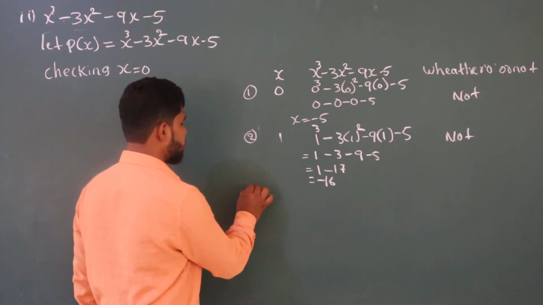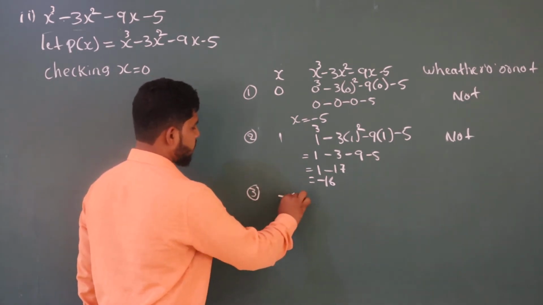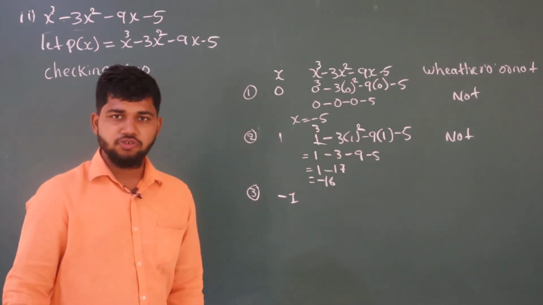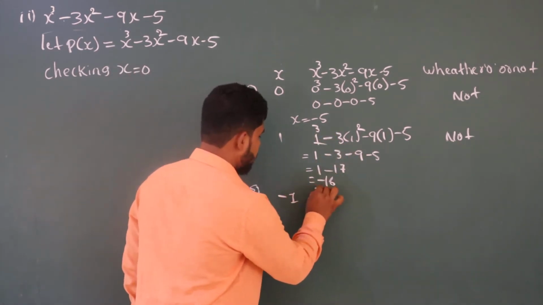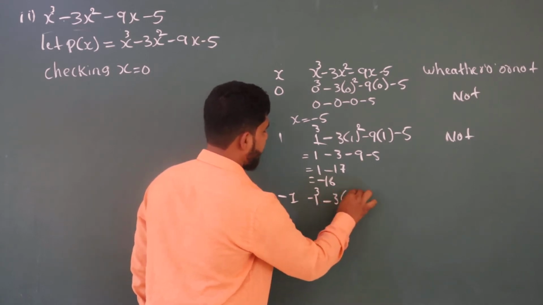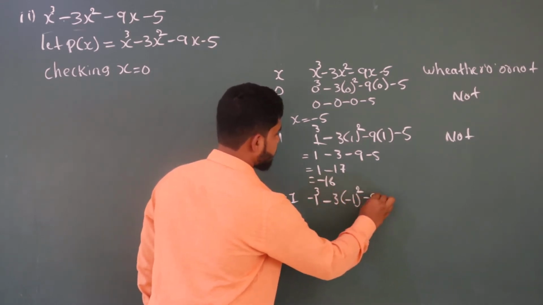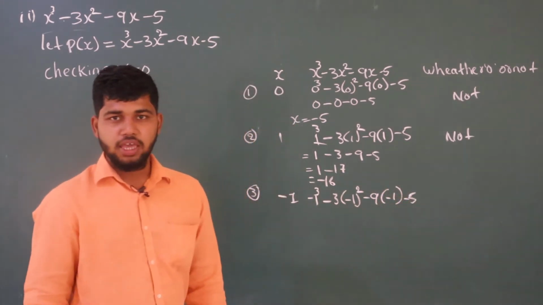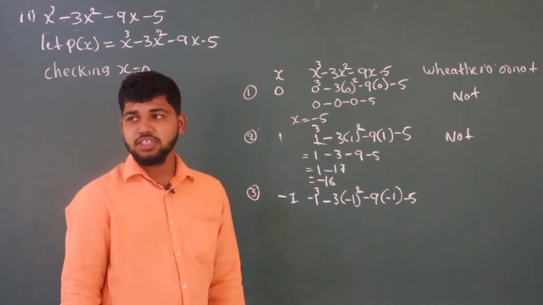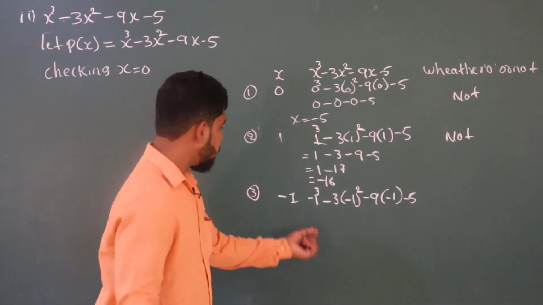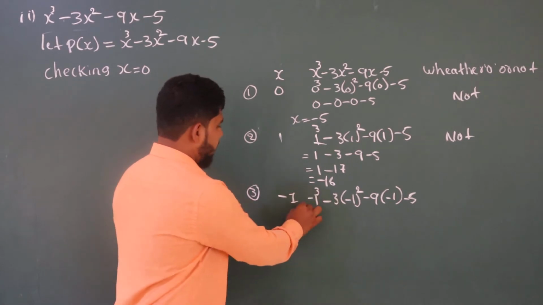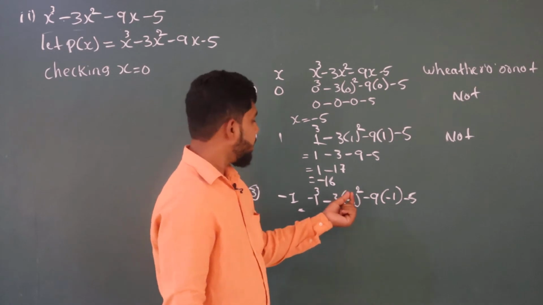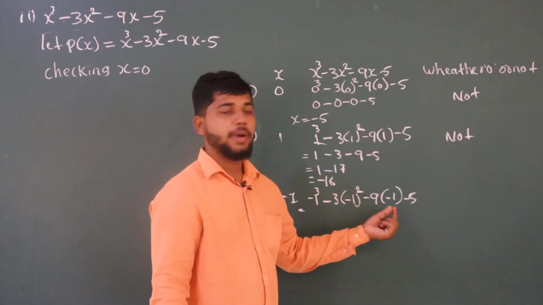Now checking through minus 1. If you are taking minus 1 in the place of x: minus 1 whole cube minus 3 times minus 1 whole square minus 9 times minus 1 minus 5.